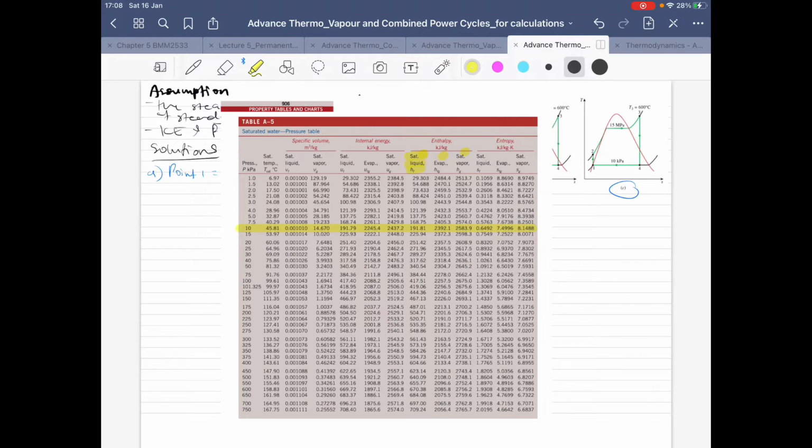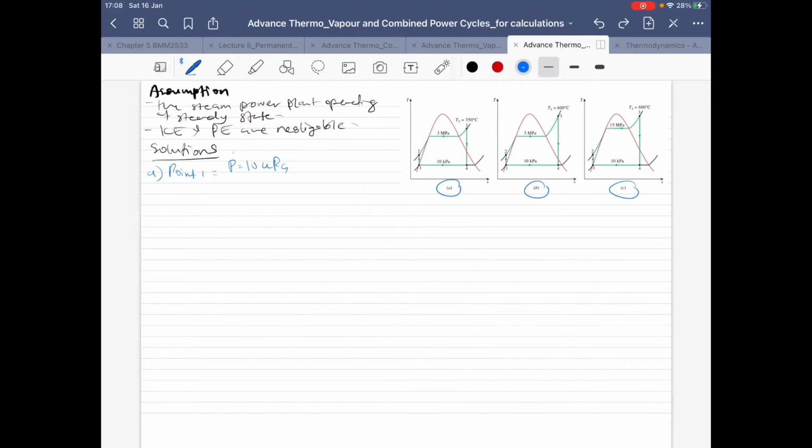Point 1 is in the form of water only. So 191. Then don't forget to write saturated fluid, saturated liquid. So the hf, which is the fluid, is equal to, I think better we write hf1, enthalpy of fluid at point 1, that's much better, 191.81 kilojoule per kilogram.